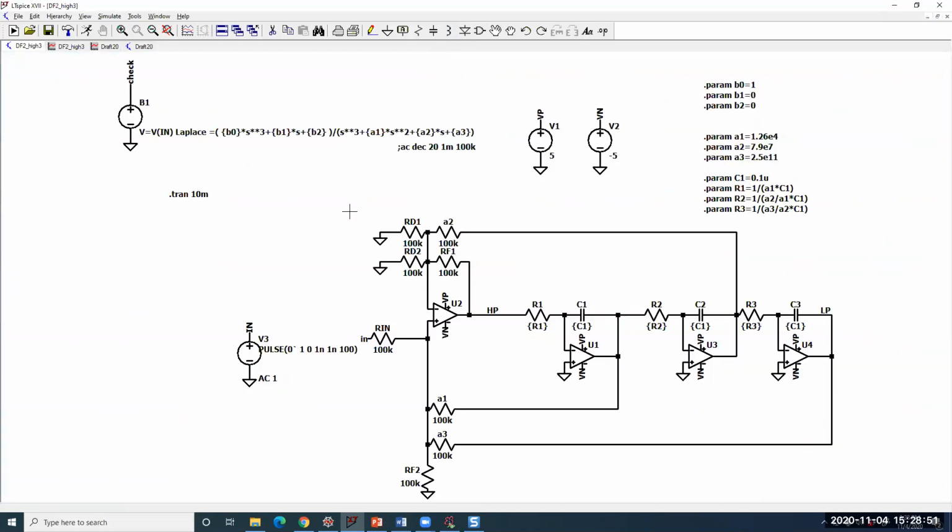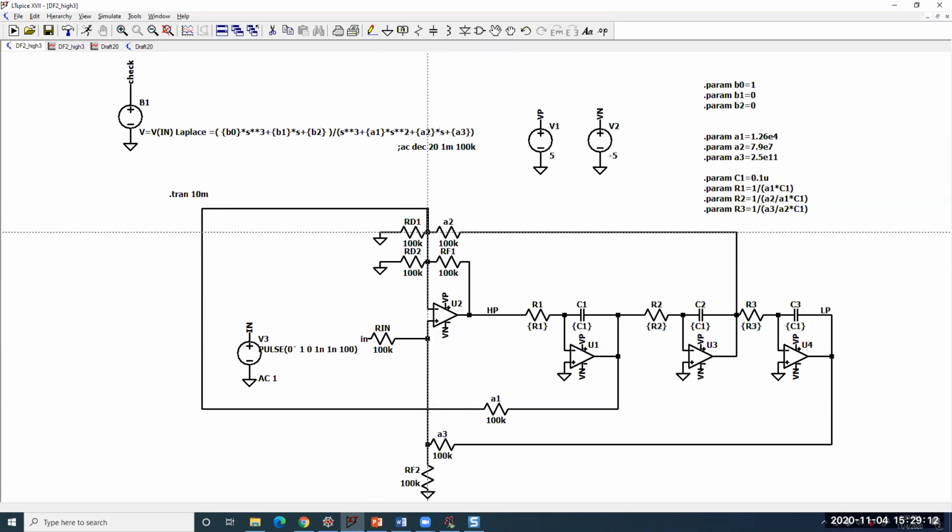Now, what if one of the constants were negative? All right, let's see. So I'm going to take A1 and kind of draw it in a very annoying fashion here. Now I have 1, 2 inputs. Here I have 1, 2, 3, 4.